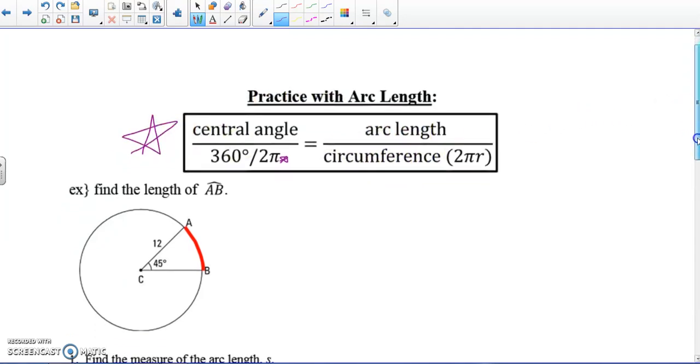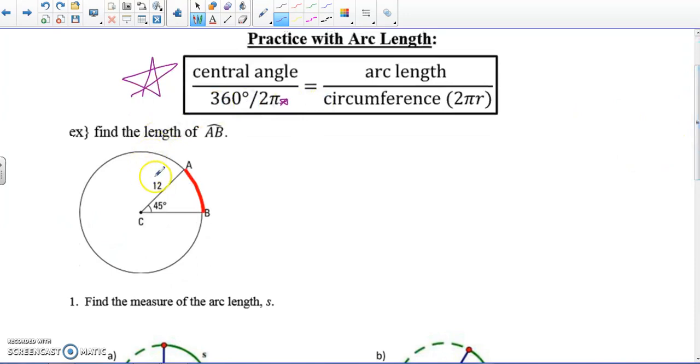So here's what it's going to look like. Find the length of arc AB. We can see this 45-degree angle is a portion of the 360. So the first part of our proportion, we're going to say 45 is to 360. The part of our circle is to the whole entire thing.